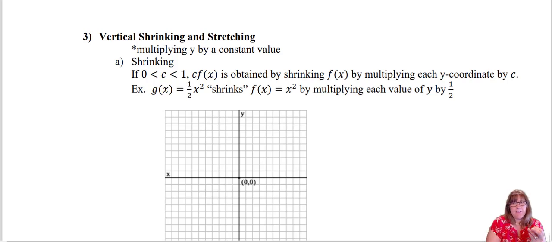I can't emphasize enough why this is valuable. My students in calculus who struggle are the ones who, when I put a function up on the board, don't know what that looks like. So it's valuable to you to recognize, hey, that's a parabola. Hey, that's an absolute value, so it's V-shaped.